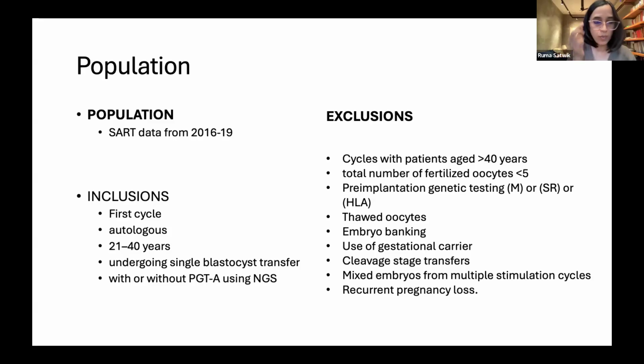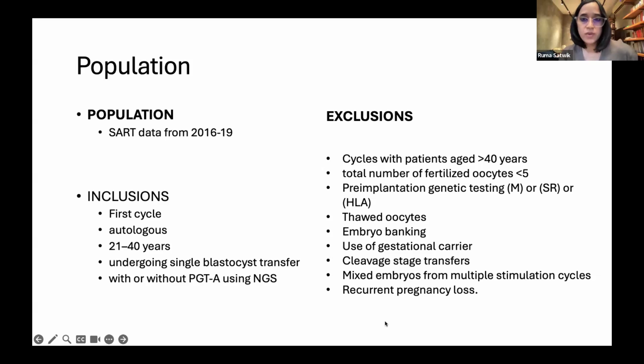I just want to say one thing here, that women over 38 may have two blastocysts. If they haven't undergone a PGTA, as a standard practice, even by the SART guidelines, it's possible to have two blastocysts put inside. So those cycles have been excluded. This is pertaining to single blastocyst transfer, tested or non-tested.